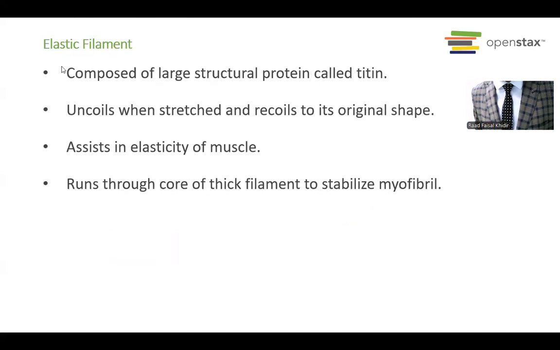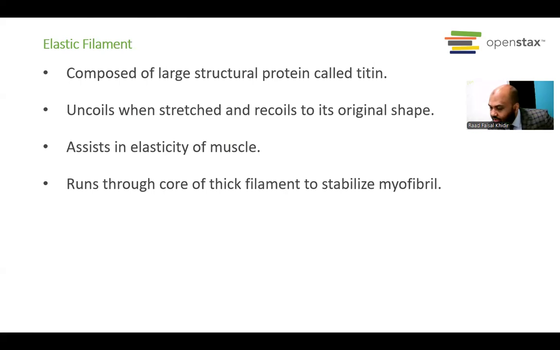Okay, elastic filament. The elastic filament is composed of a large structural protein called titin. So this titin is very important. I'm going to ask you on the exam, what causes the structural myofibril to be elastic?